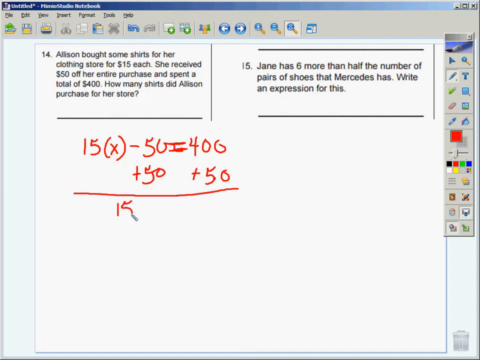I'd have 15x is equal to 450, and I would divide both sides by 15, and x would be equal to 30.